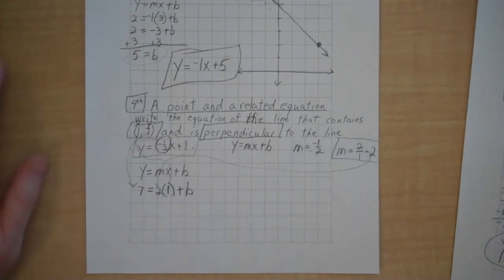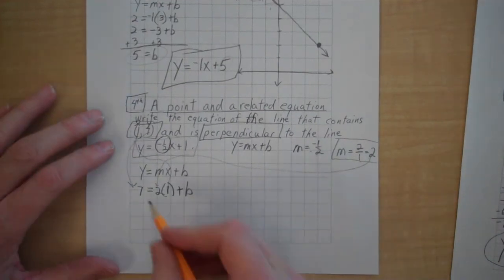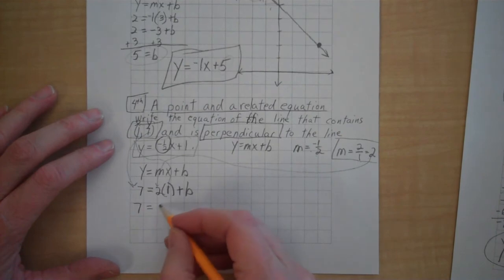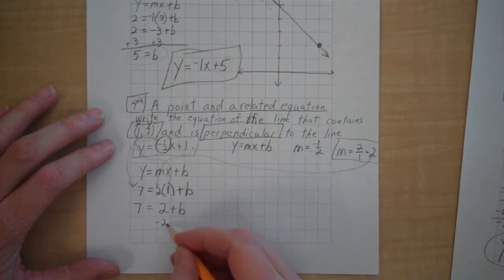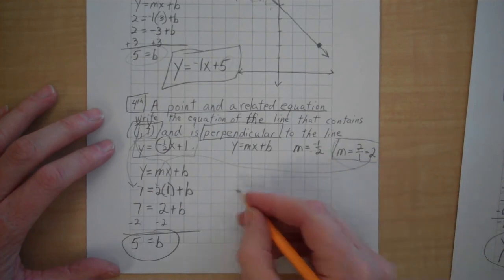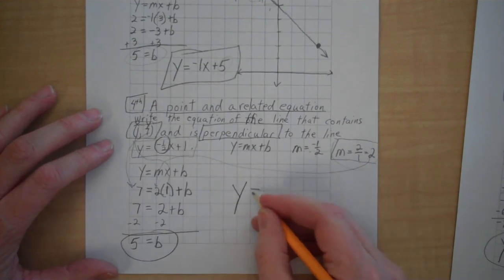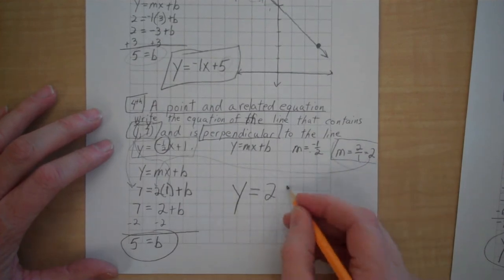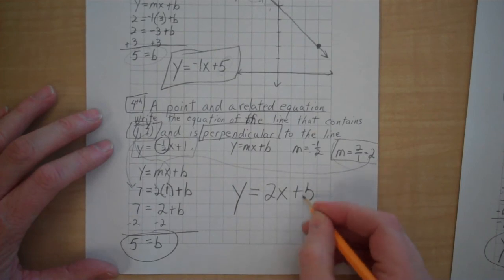B is B, because we need to find that out. 7 equals 2. 2 times 1 is 2, plus B. Subtract 2 from both sides. 5 equals B. All right, I got the information we need to say that y equals 2x plus 5.